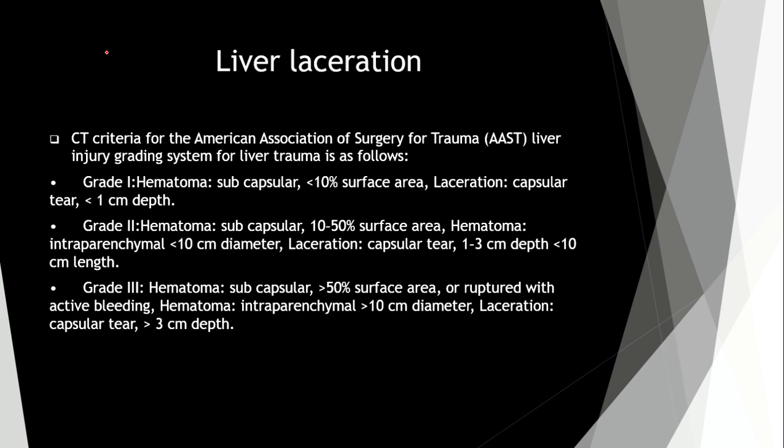Laceration capsular tear 1 to 3 cm depth, less than 10 cm length. Grade 3. Hematoma subcapsular more than 50% surface area or ruptured with active bleeding. Hematoma intraparenchymal more than 10 cm in diameter. Laceration capsular tear more than 3 cm depth.